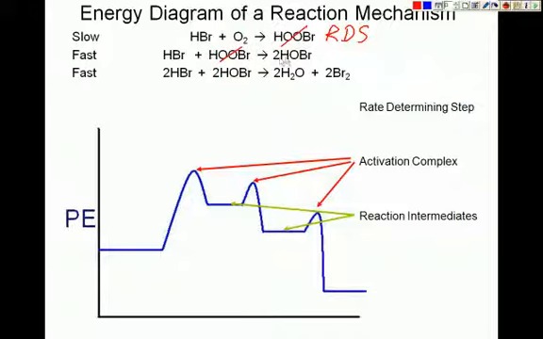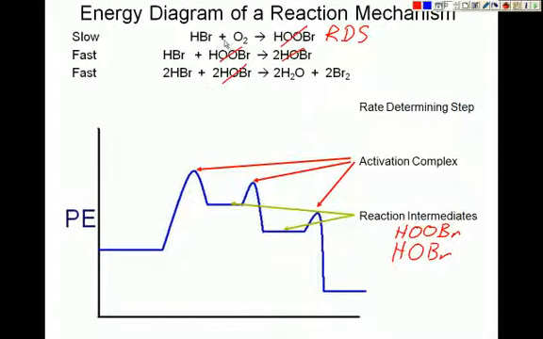In our second step we make two HOBr, and in the third step we use up those two HOBr. Okay, so these are our reaction intermediates. So our reaction intermediates are HOOBr and HOBr. Those are reaction intermediates.